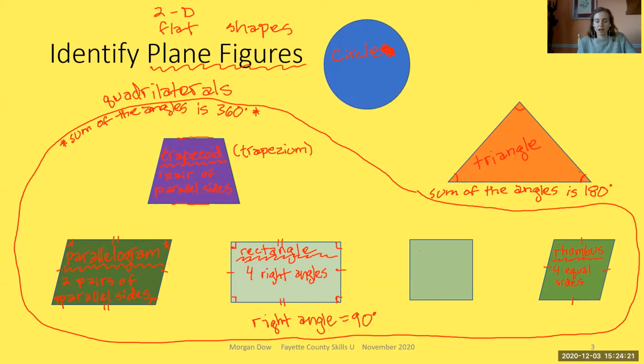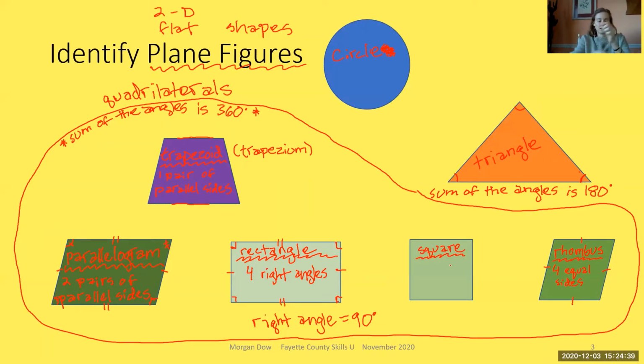All right, and then finally we have, as our last shape here, a square, another very common shape that I'm sure you're familiar with. And a square takes the special characteristics of a rectangle and a rhombus and combines them.